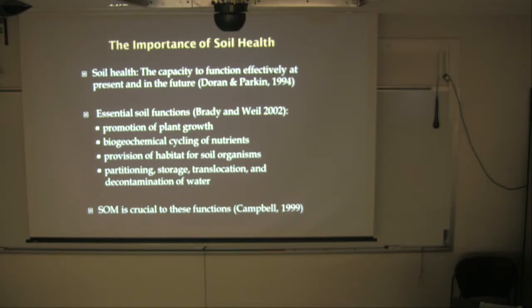In agricultural systems, this means maintaining productivity and efficient utilization of resources while continuing to enhance the essential services provided by soils, which include the promotion of plant growth, cycling of nutrients, provision of habitat for soil organisms, and its crucial role in the water cycle. Furthermore, as soil organic matter is crucial to these functions, it's soil organic matter that is often associated with soil health.